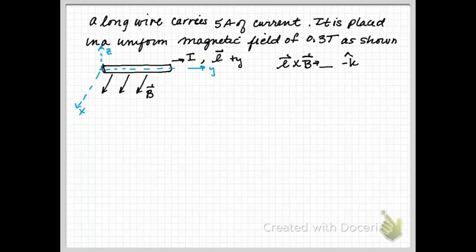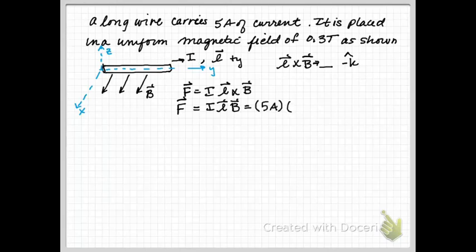So our force equation, force is current times L cross B, and then that's a 90-degree angle, so it's just I L B. And remember, we still have to keep in mind our direction, and so we get the current 5 amps times 0.3 Teslas.